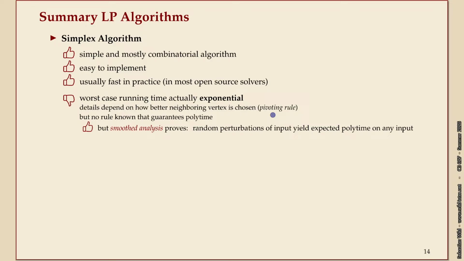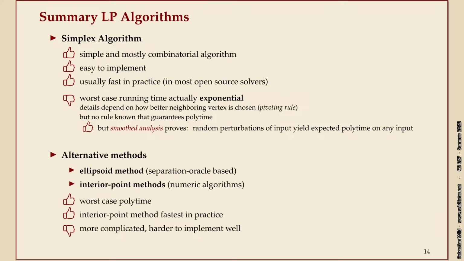That affects how long it takes, but there's no such rule known that guarantees polynomial time. On the other hand, it is known that if you take any input and slightly modify the numbers in it, you actually get an expected polytime algorithm with simplex. That's called smoothed analysis. I'm just mentioning this here because it fits the theme of the lecture. But we're not going to dig into any of this in more detail.